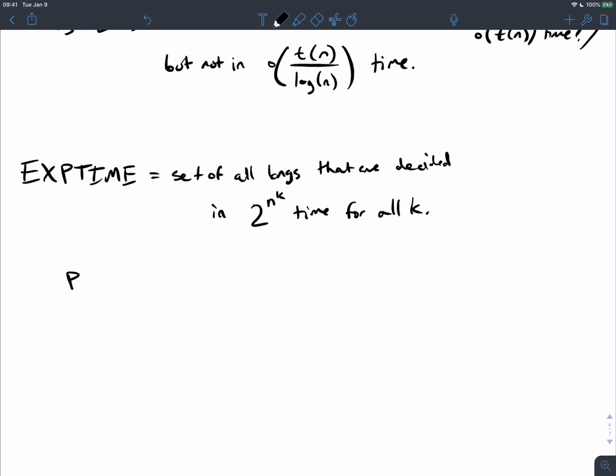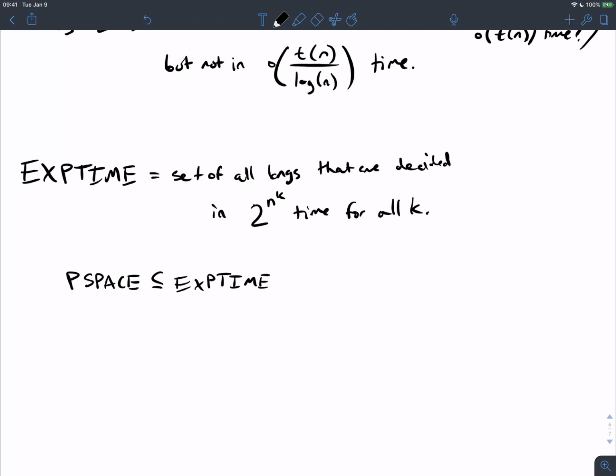What about the relation between PSPACE and EXPTIME? It actually is a subset. So why is it a subset here? Well, if I can solve TQBF as an example in exponential time, wouldn't that be enough? Or any problem that runs in a polynomial amount of space.